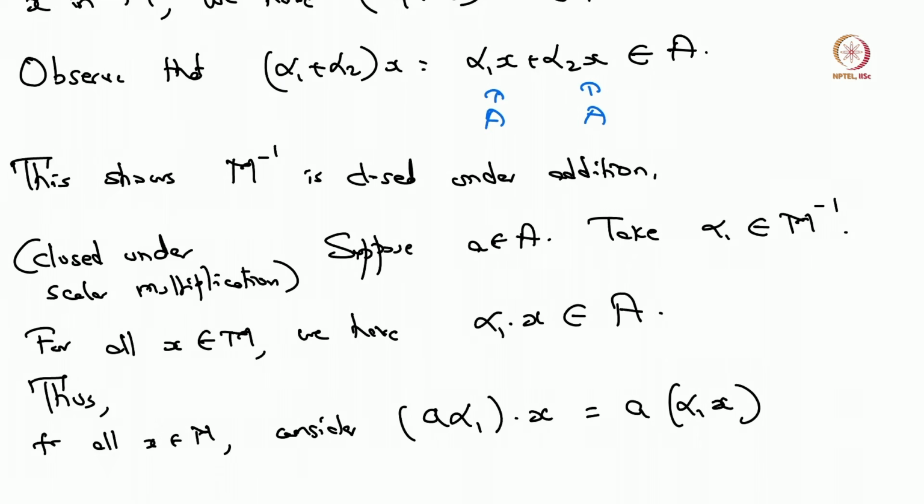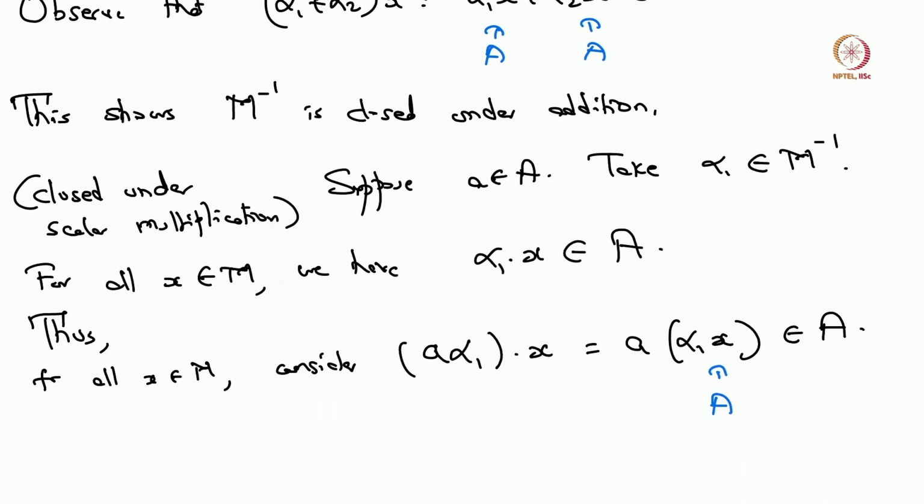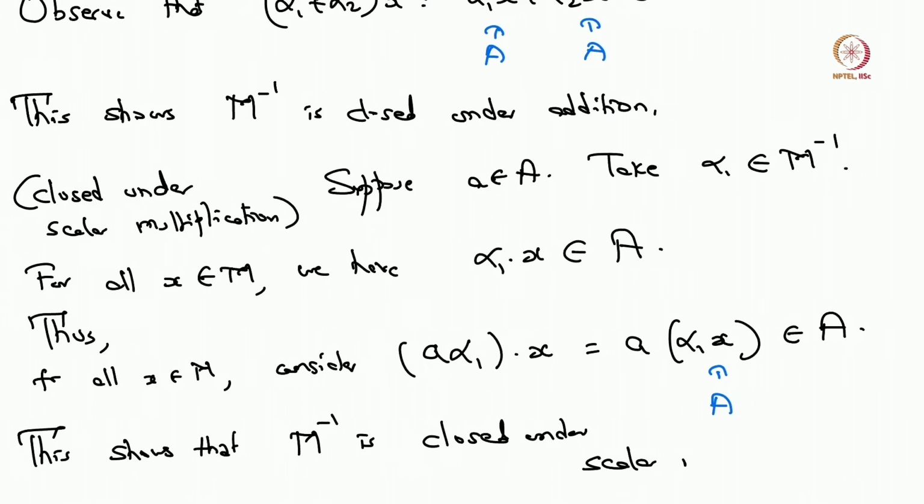But we've just seen that alpha 1 times x is in the ring A. So this element little a times alpha 1 times x also has to be in the ring A, because the ring A is closed under multiplication. And so this shows that the set M inverse is closed under scalar multiplication.